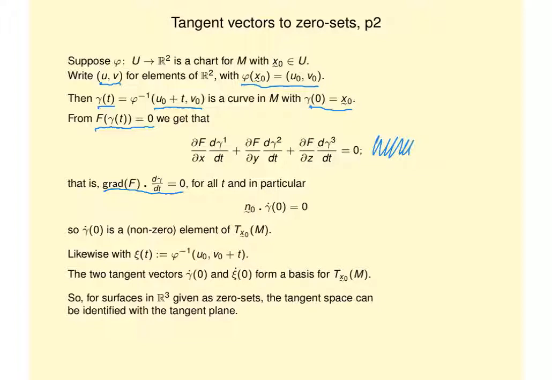In fact, the tangent plane to the surface, which is the kernel of the derivative matrix of F, consists of all linear combinations of d gamma and the curve that you get by allowing u naught to be fixed and v naught to vary. We'll come to that in a moment.